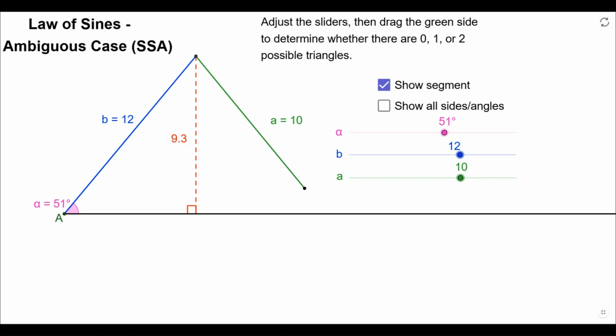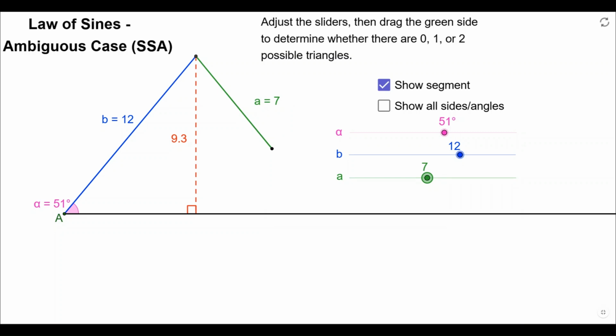Just to illustrate what could happen, let's change the values a little bit. What if I told you that angle A was 51 degrees, side B was 12, and side A, opposite angle A, is 7? Right away you should be able to tell that 7 is shorter than the height, 9.3.